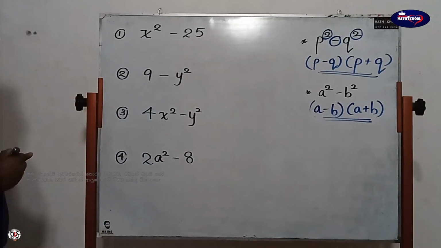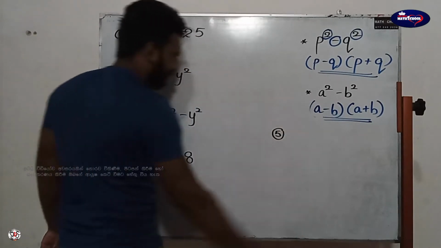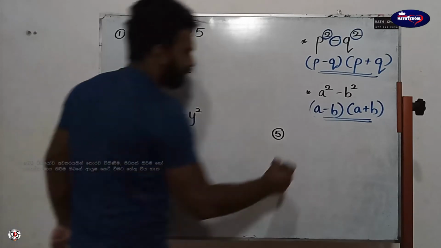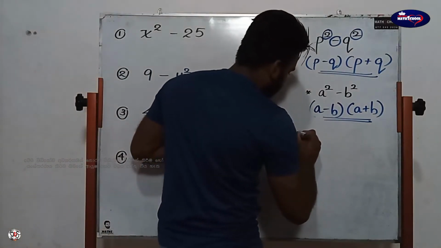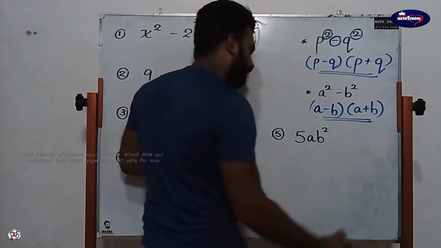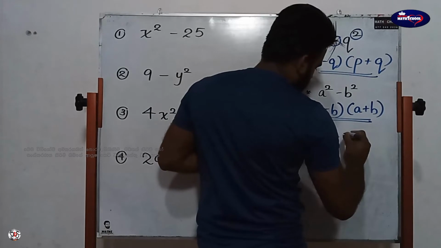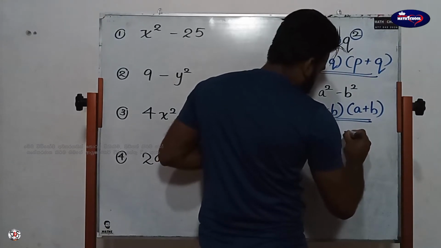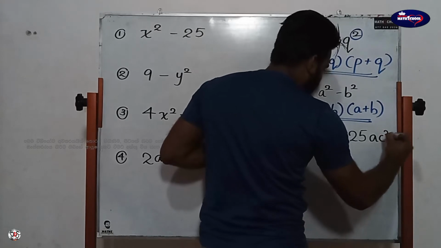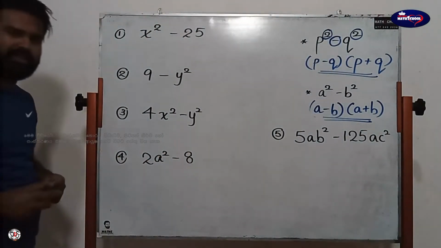The fifth one, 5ab squared minus 125ac squared. Just try these 5 sums.